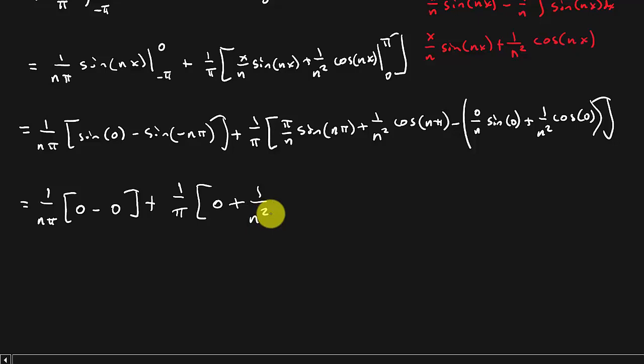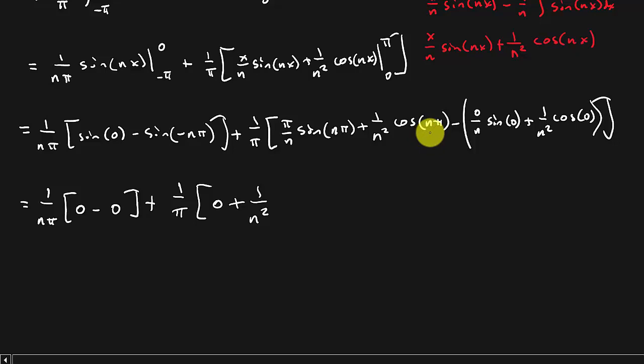Now here, the cosine of n pi. That's something that's going to make a difference, because let's see, what if n is 1? What's the cosine of pi? The cosine of pi is negative 1. That's if n is 1. But what if n is 2?